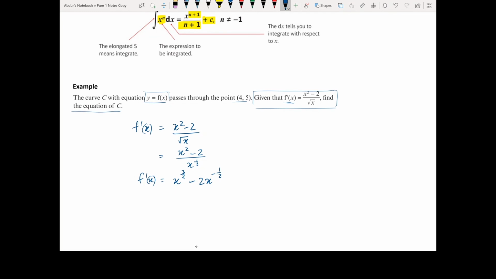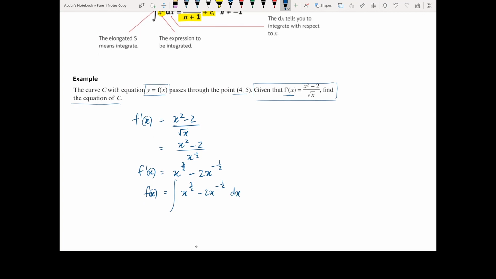So f of x is the integral of x to the power of 3 over 2 minus 2x to the power of minus a half, and we're integrating with respect to x. When we integrate this, we add 1 to the power. There's the power 3 over 2. We add 1 to the power, so it becomes x to the power of 5 over 2, and then we divide by the new power.